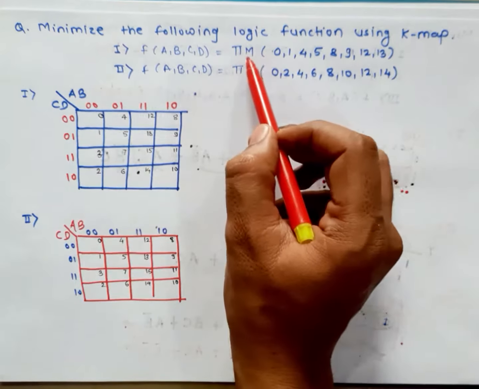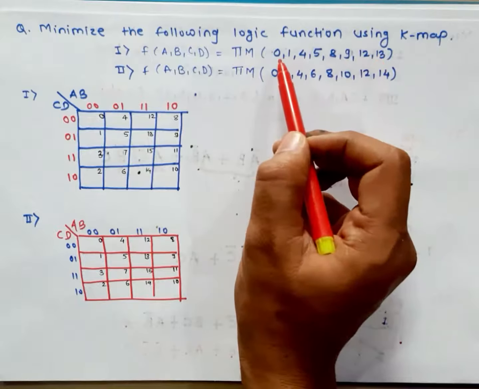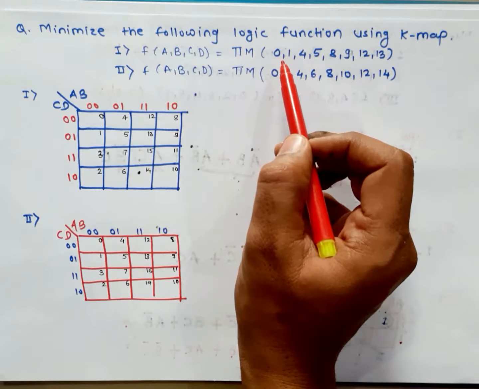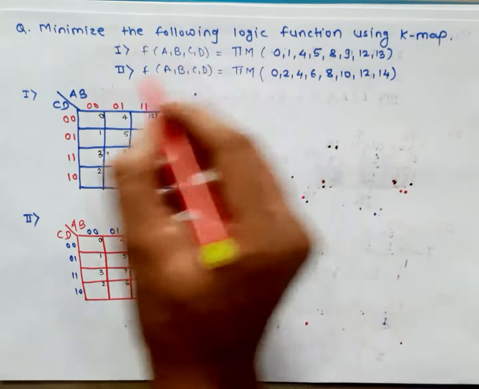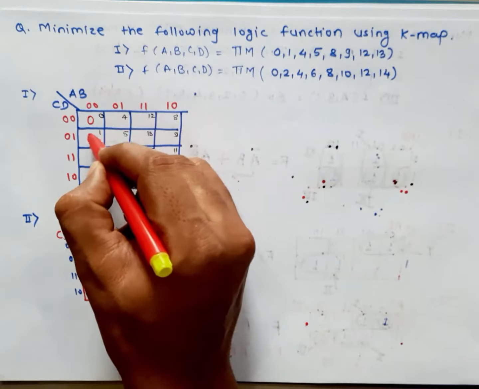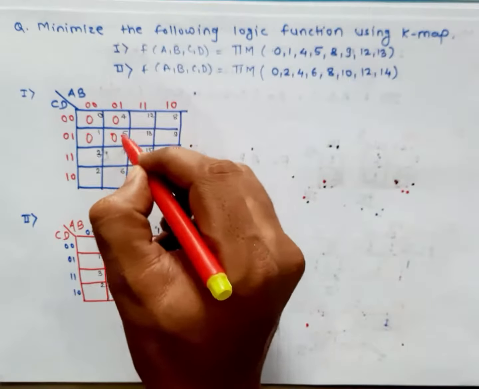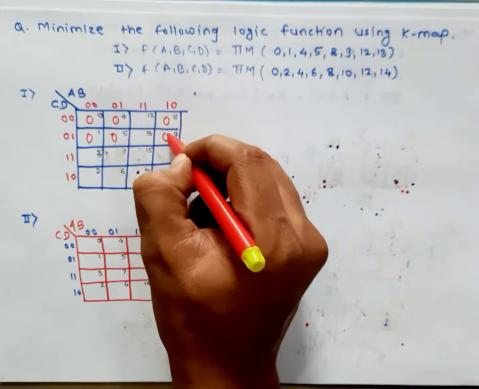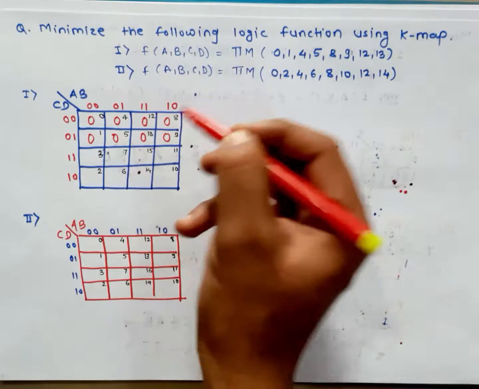Now if it is a POS function, whatever the max terms are given, for those max terms we need to put a 0 value in the respective cell. So 0 cells having a 0 value, then similarly 1, 4, 5, 8, 9, 12 and 13.